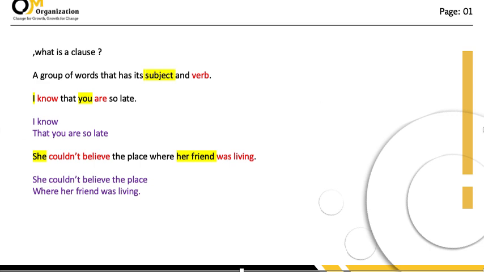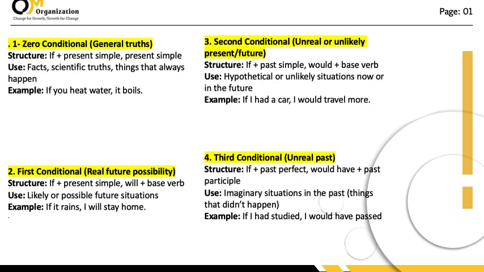Let's move on to the four types of conditional clauses that you've studied before. Let's only have a small review of them. We have the zero conditional clause, the first conditional clause, the second conditional clause, and the third conditional clause. The zero conditional clause is the clause which talks about general truth.